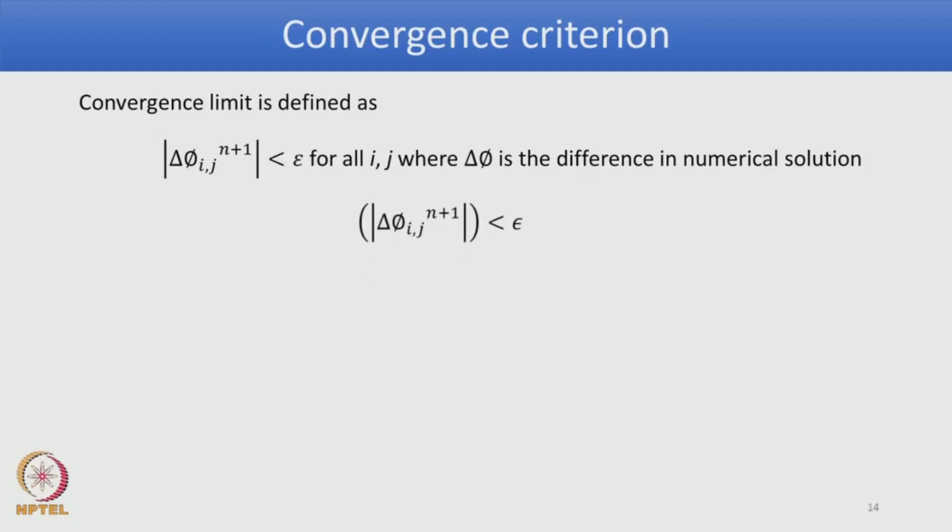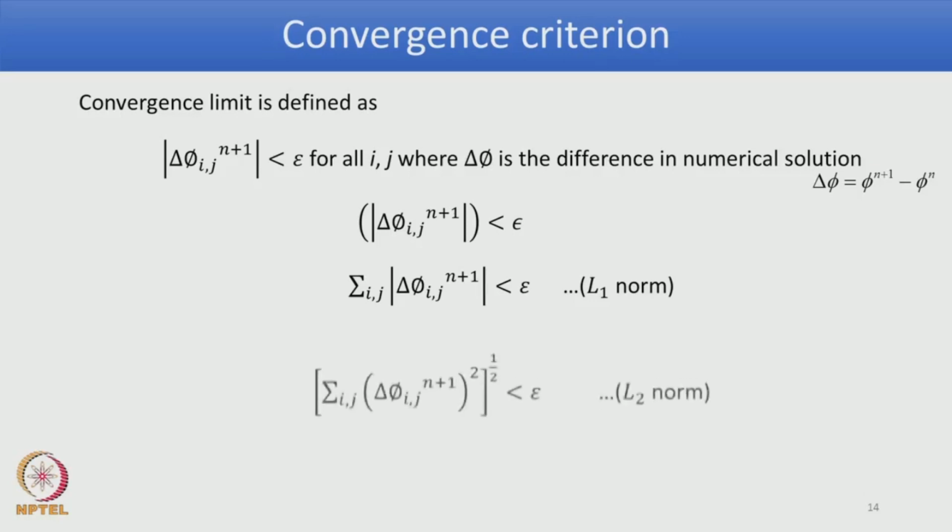Okay. There are also other methods. For example, the first one I have written here, it is also possible to write based on the summation of all the absolute errors, and you say it is less than some prescribed value, and such is called the L1 norm.